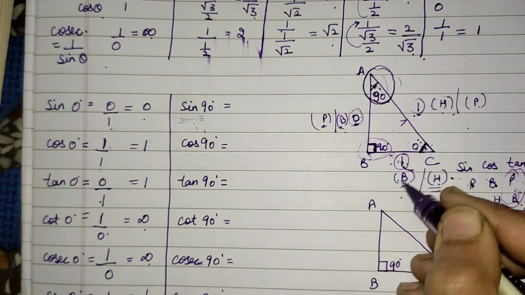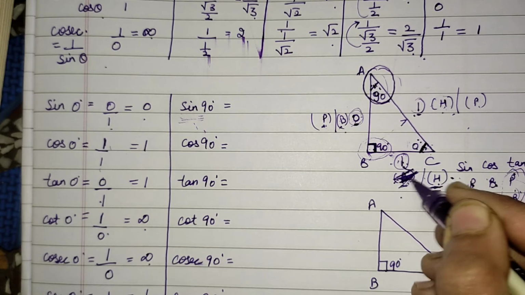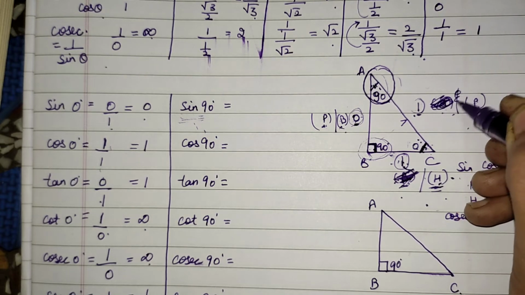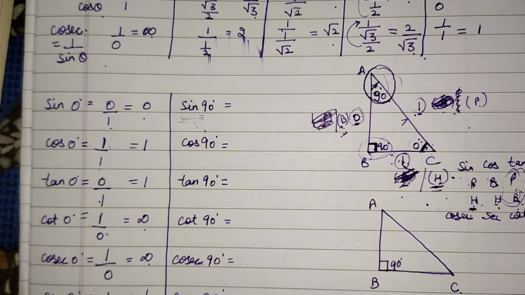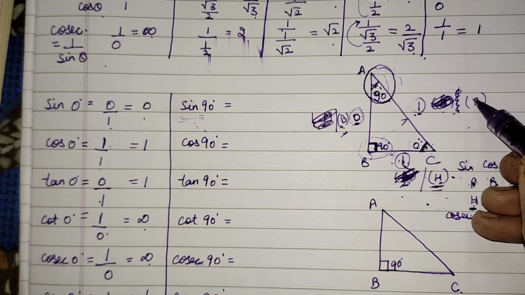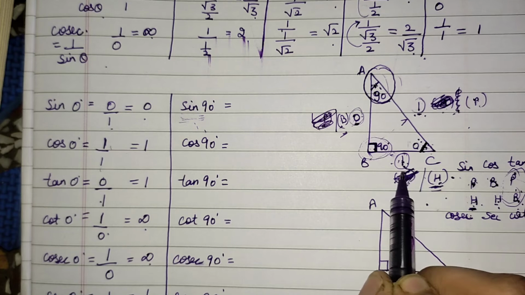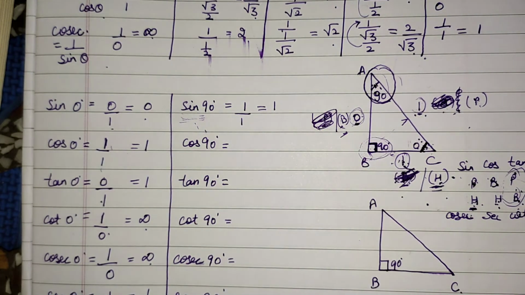So this time my hypotenuse will be this. If this is my hypotenuse, then this is my perpendicular and this is my base. So sine theta is perpendicular by hypotenuse. Perpendicular is my 1 and hypotenuse is also 1. So my answer is 1 by 1, that is 1.